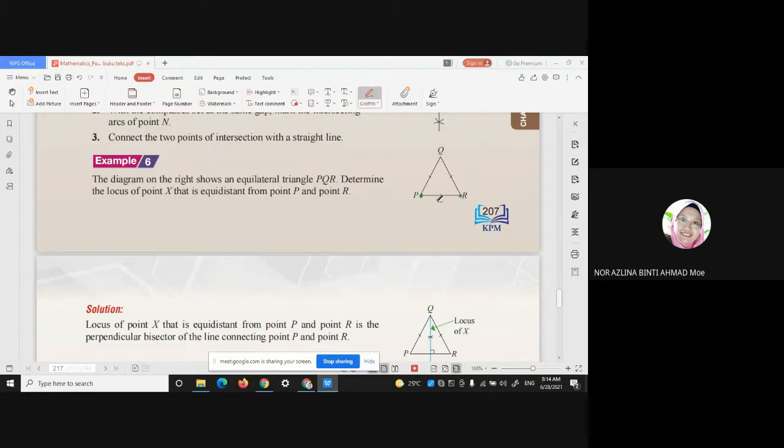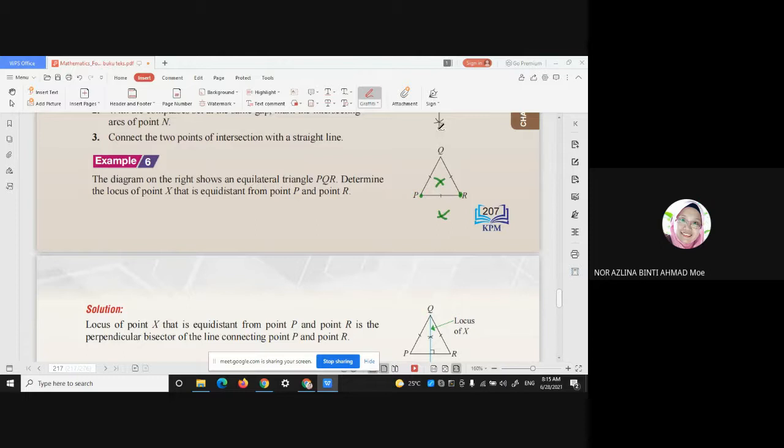Using these points, we draw the curve using compasses, up and down from P. Then from R, using compasses also up and down.